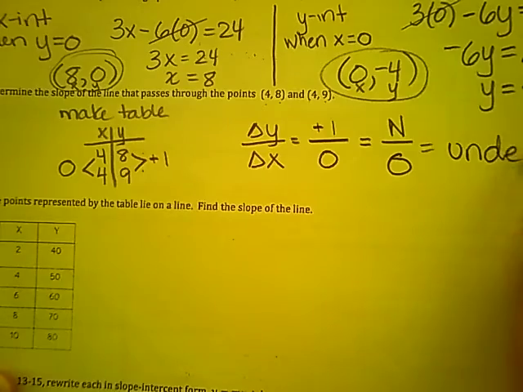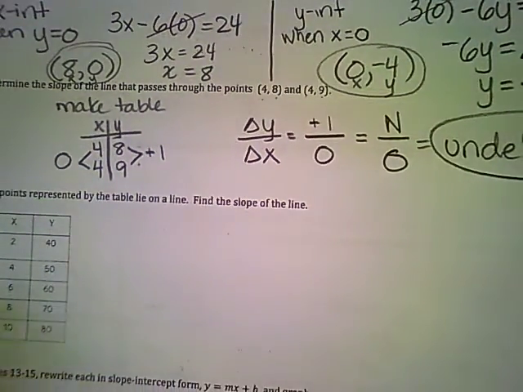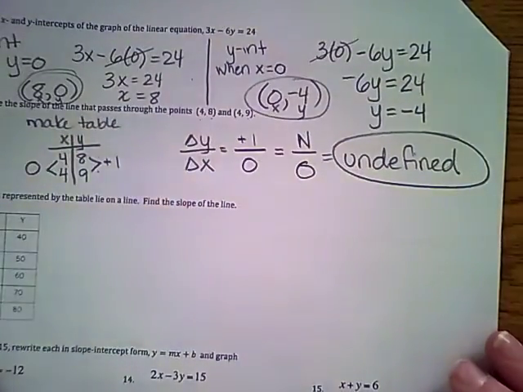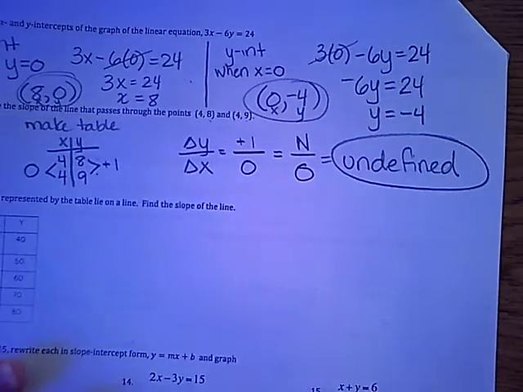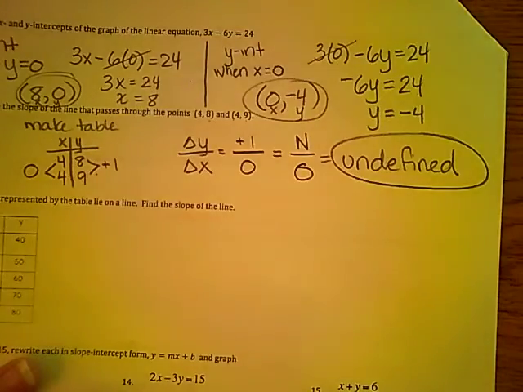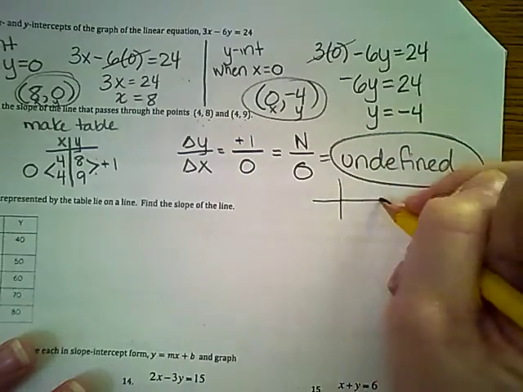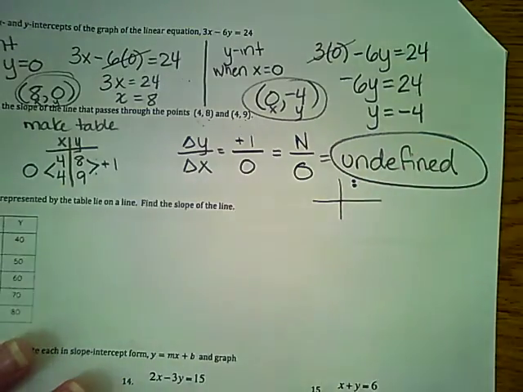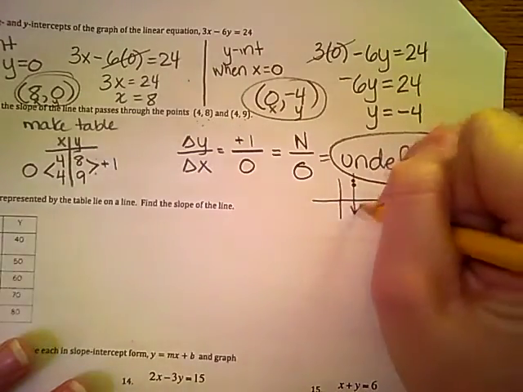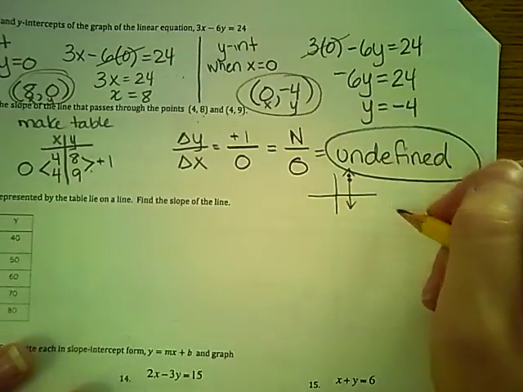This one is an undefined slope. What kind of line has an undefined slope? Vertical. And even look at the points, 4, 8, and 4, 9. If you were to graph those, notice how they line up in a vertical line. Remember slope? Undefined.